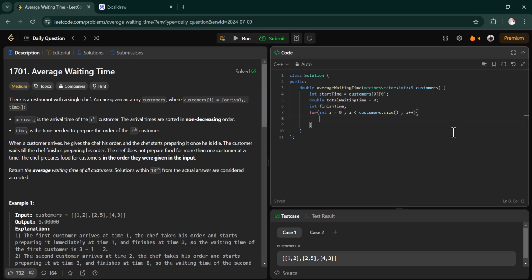Now first of all, for start time, we will take the maximum of start time and customers[i][0]. Now why have we taken this?